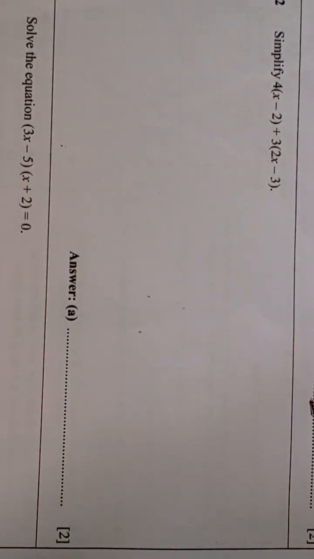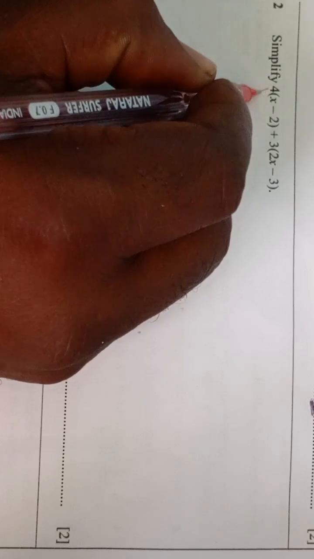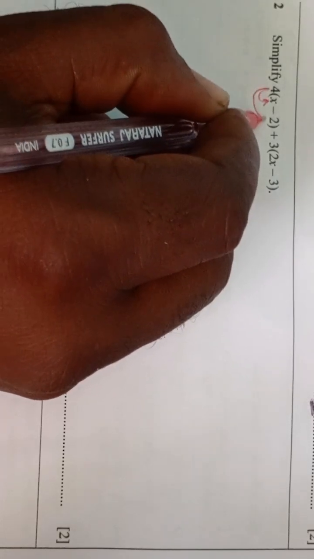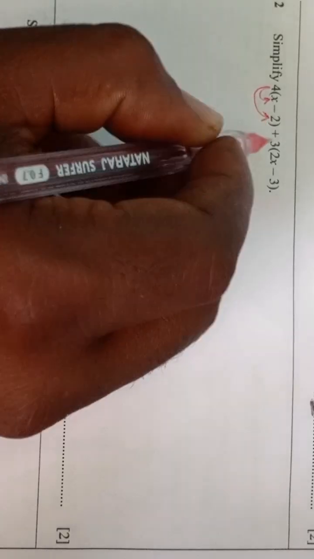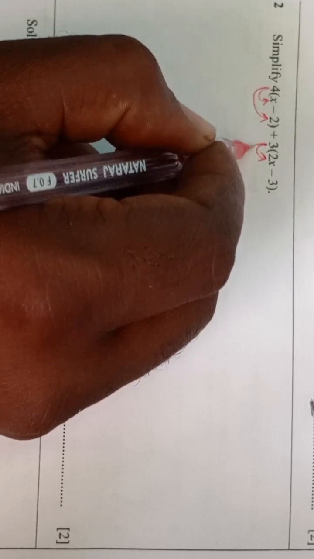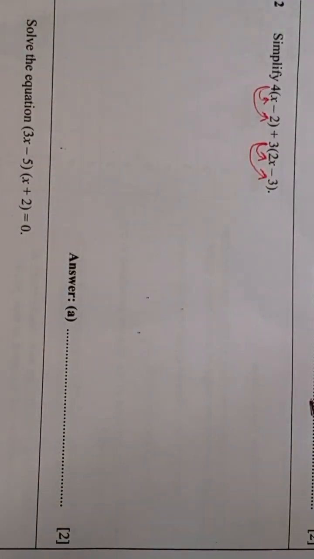We make sure that we multiply the outside quantity with the inside quantities. Here the outside quantity is 4. So we say 4 times x, 4 times negative 2, positive 3 times 2x, positive 3 times negative 3.